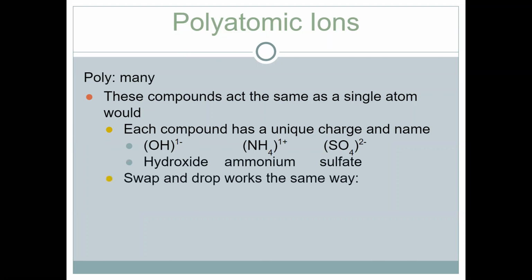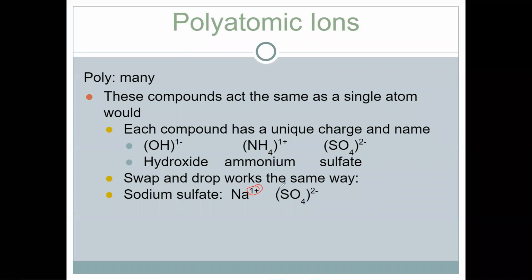Swap and drop is going to work the exact same way when you're using these to make compounds. You just have to treat everything inside these parentheses as if it's never going to change, because it won't. Okay, so let's look at these two for a second. Let's say we wanted to look at sodium sulfate.